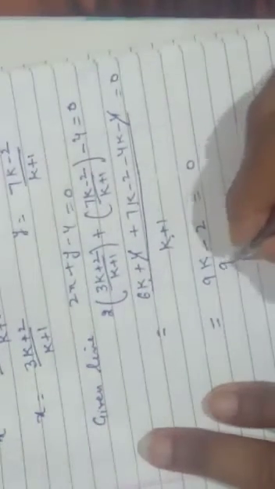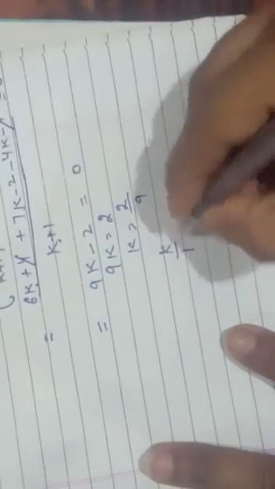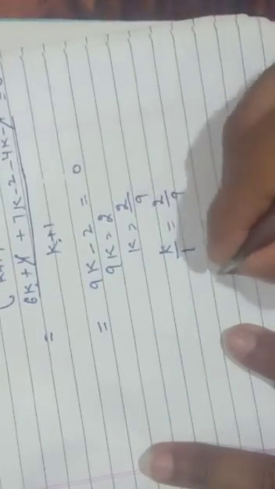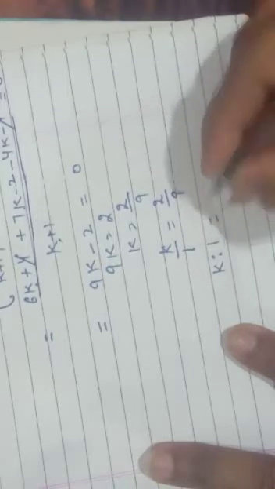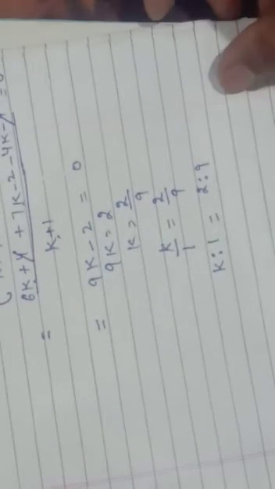So the value of k will be 2 over 9. It means k ratio 1 means k over 1 will be 2 over 9. So the particular ratio is k ratio 1, that will be equal to 2 ratio 9. So from this we have got the particular ratio which we wanted to calculate from the question.